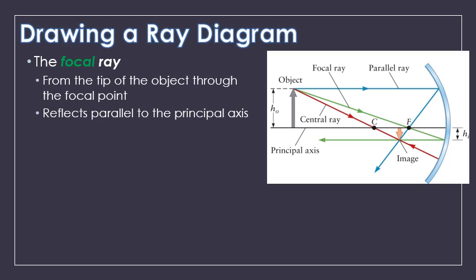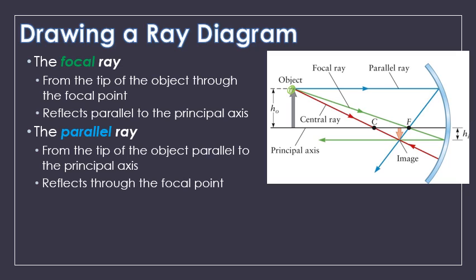So the focal ray, which is drawn in green here, is from the object. So you start at the tip of the object here, and it goes through the focal point, and as we saw before, light that goes through the focal point gets reflected parallel to the principal axis. Really important that you have a straight edge as you're drawing these, so that you can go the 2 points, top of the object, focal point, all the way to the mirror, and then draw your reflected ray parallel to the principal axis.